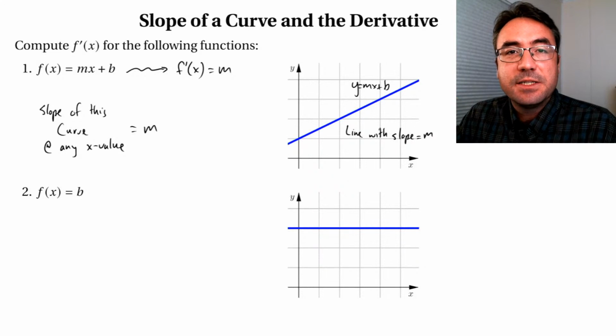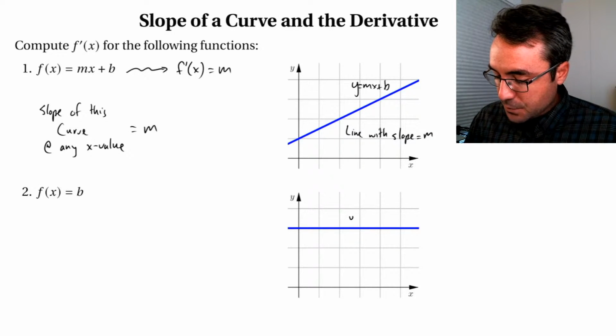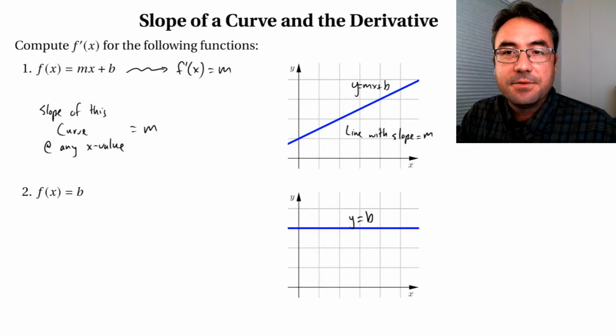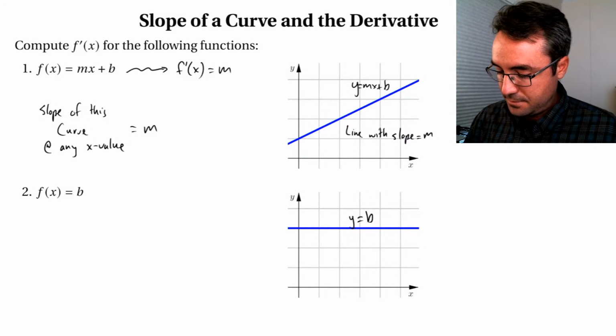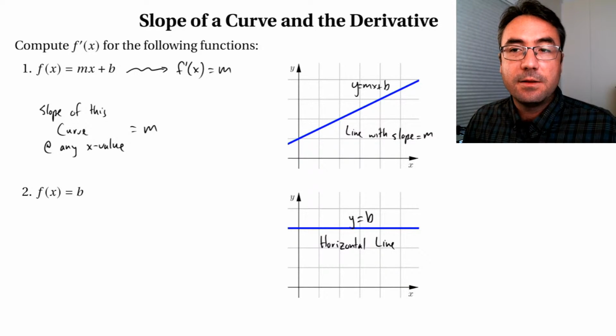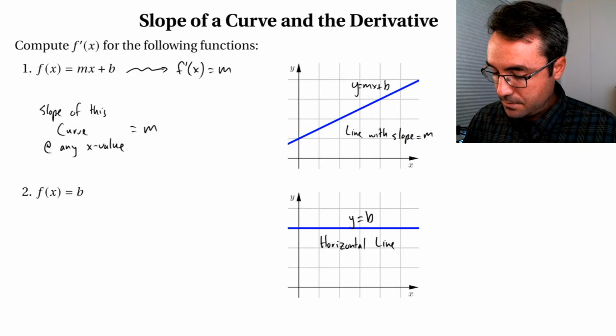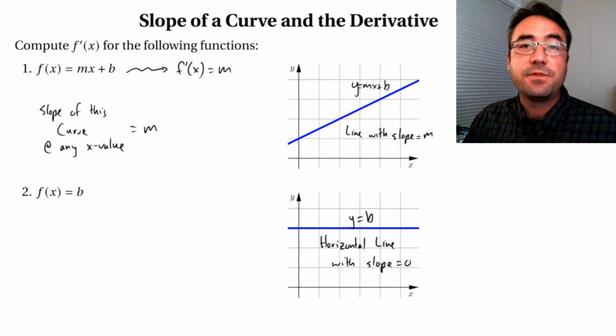Now what about f of x equal to b? Where b is a constant, that's also a line. If we were to graph a constant function, y equals b, that's just a horizontal line. And what's the slope of a horizontal line? It's just 0. It's just flat.